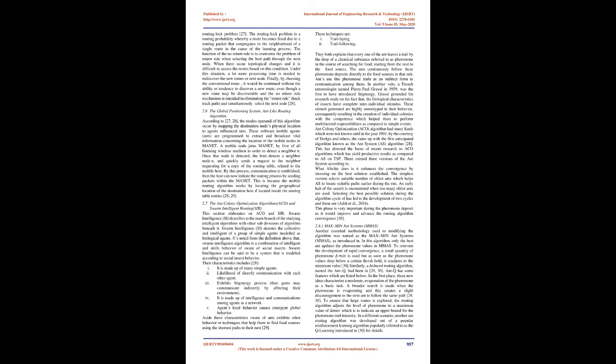2.6.2 The global positioning system ANT-like routing algorithm. According to [27, 28], the modus operandi of this algorithm occurs by mapping the destination node's physical location to agent-influenced ANTs. These software mobile agents, ANTs, are programmed to extract and broadcast vital information concerning the location of the mobile nodes in MANET. A mobile node joins MANET by first listening to the wireless medium in order to detect a neighbor.